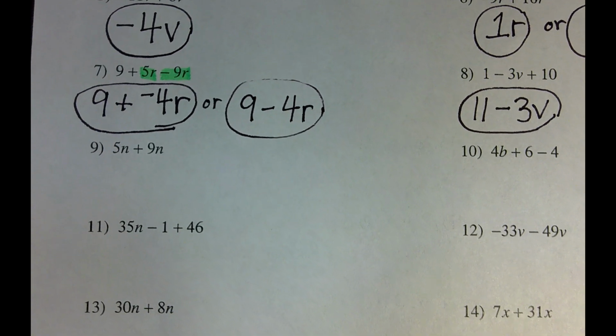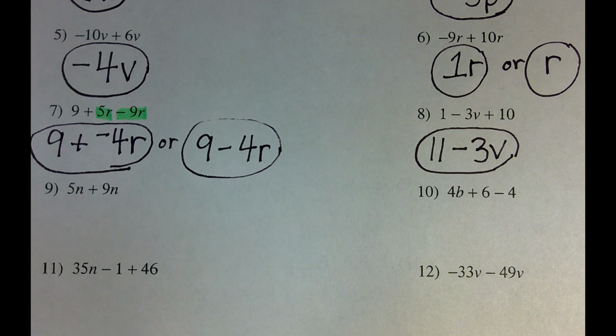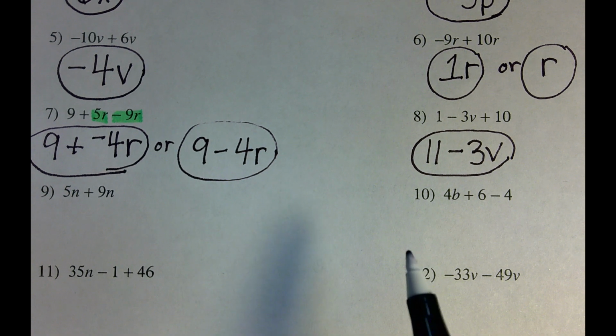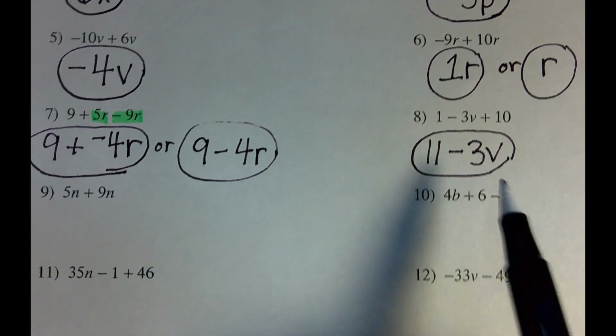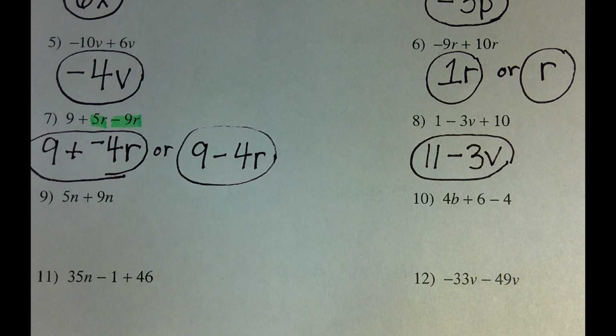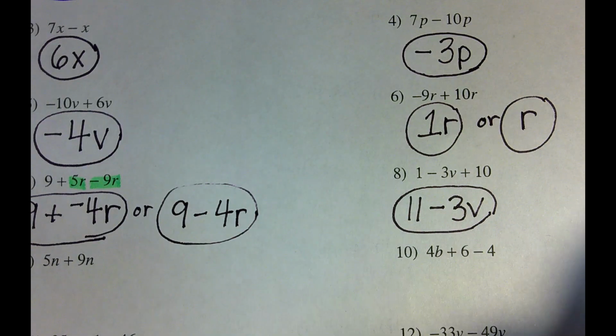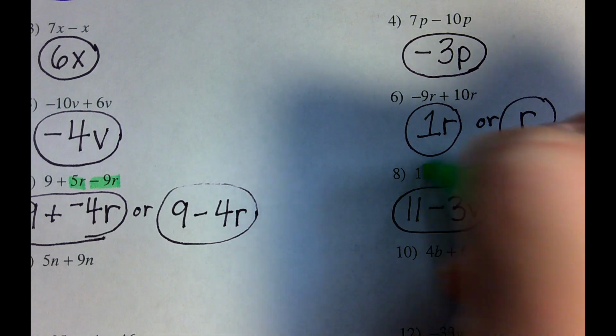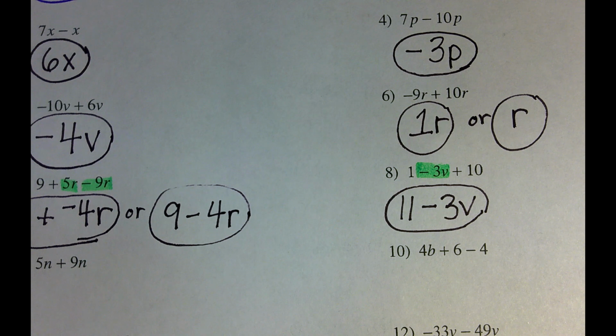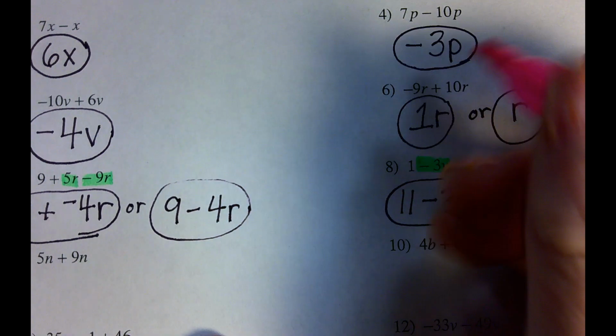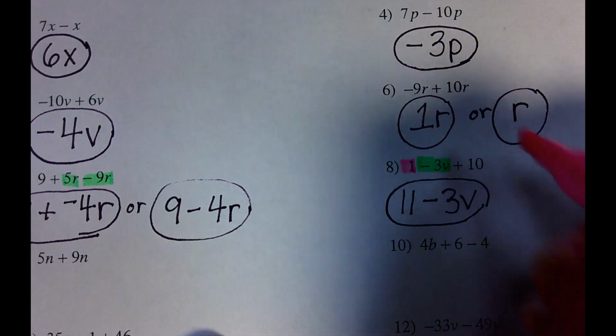Okay. Yes, Vichel. How did you find 11 minus 3v? Good question. So, we see that I have minus 3v, and I can't put that with anything else. Nothing else has a v on it. And then I have 1 plus 10.